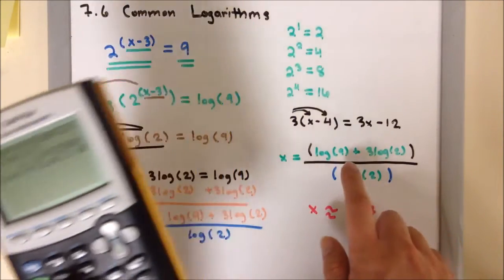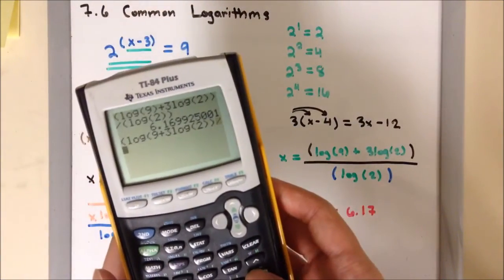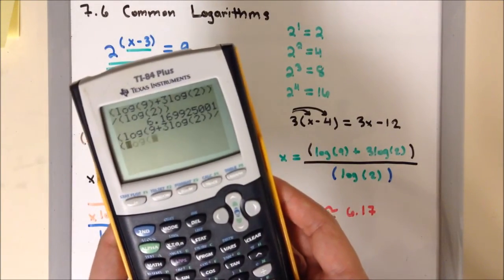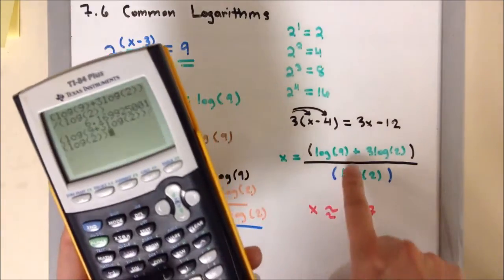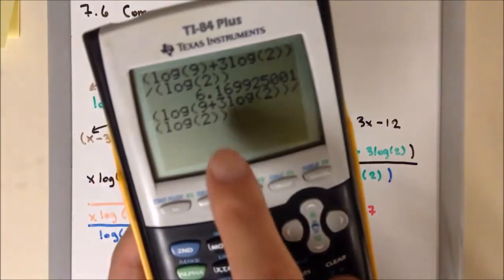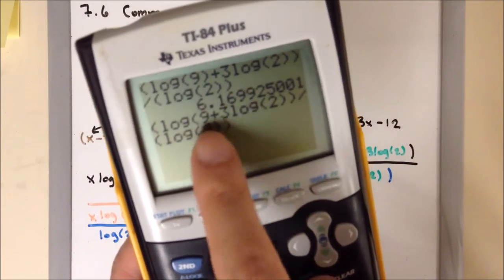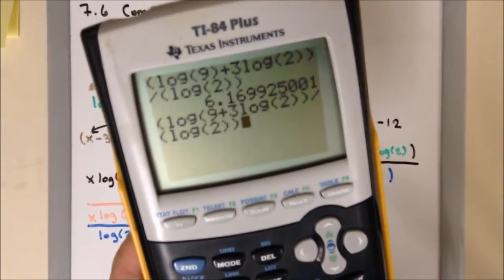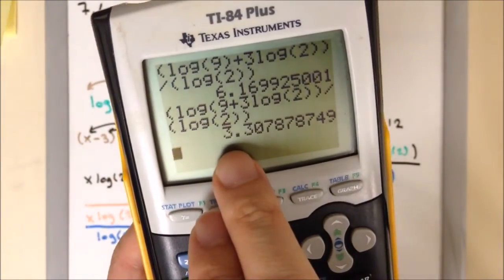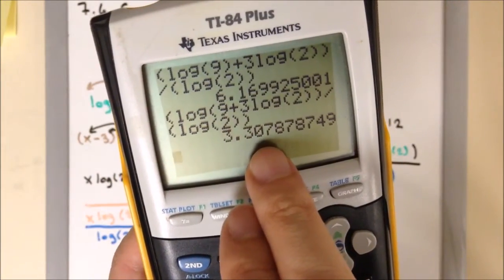The only thing I was missing is this parenthesis. Just keep that in mind. Open parenthesis, log of 2, close it. So if I forgot to put the parenthesis behind the 9, I forgot to close it, it should give me a different answer. Let me hit enter. Well, it did. Look, it's 3.307.